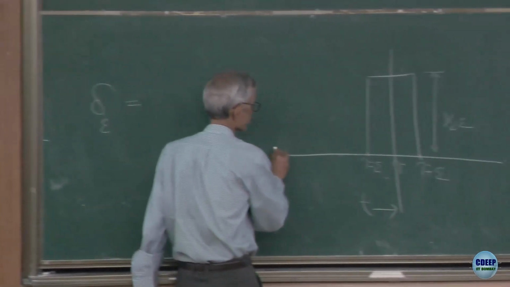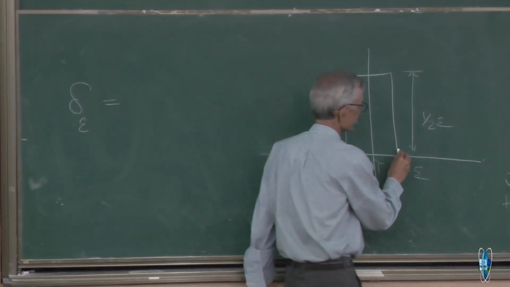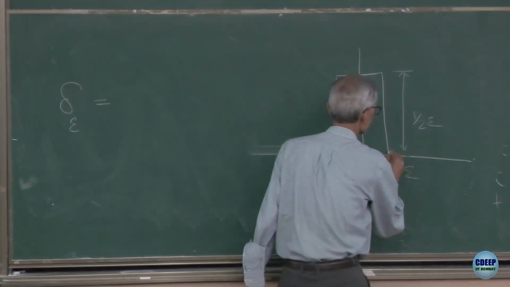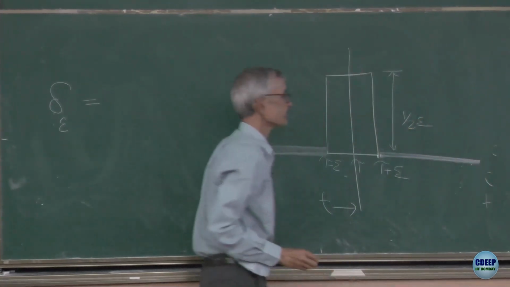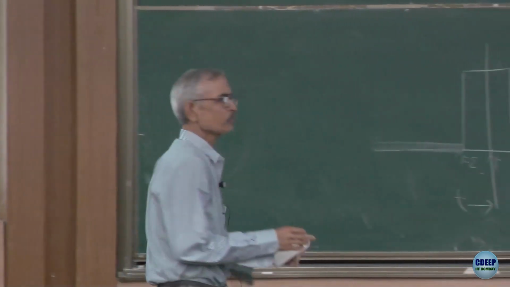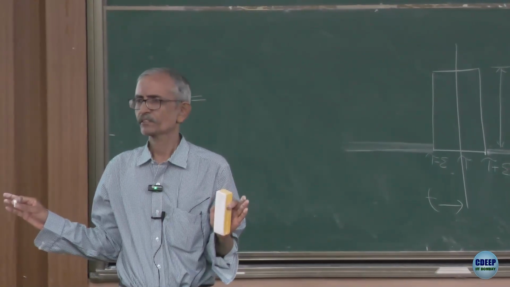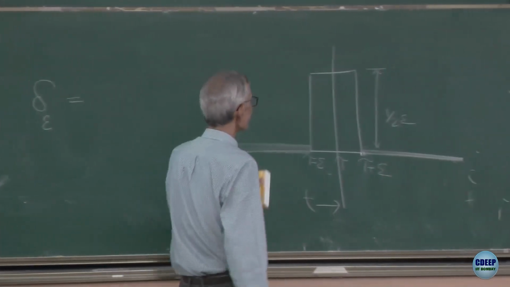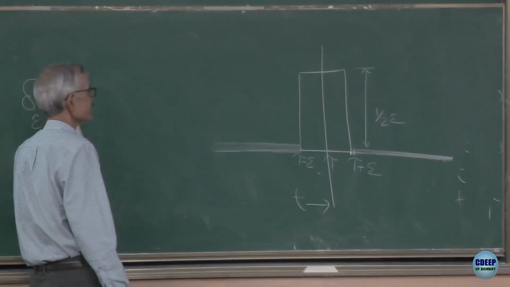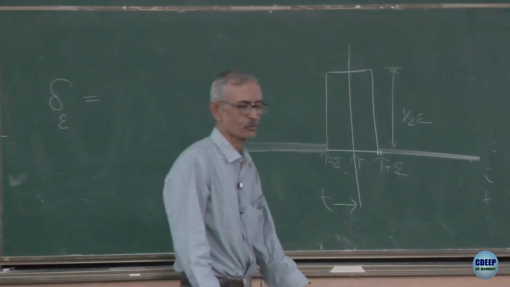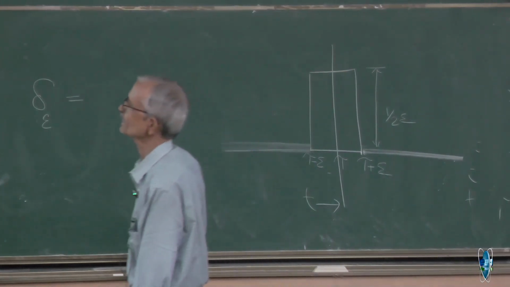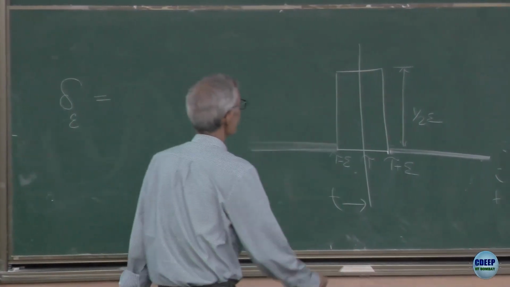So this is 0 here and this is 0 here. That's my unit impulse function. At the moment everything is abstract, but that's perfectly fine. So I've got an impulse function, and I'm going to define this so-called delta, which is the unit impulse function, as follows.